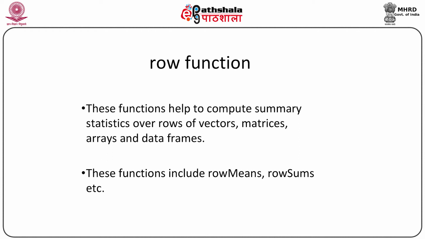These functions help to compute summary statistics over rows of vectors, matrices, arrays and data frames. These functions include row means, row sums and so on, which are quite similar to the previous one, that is the column functions.